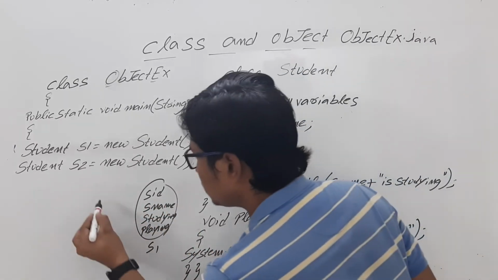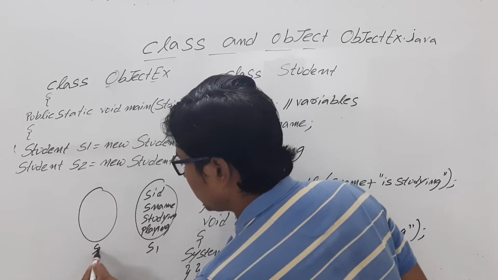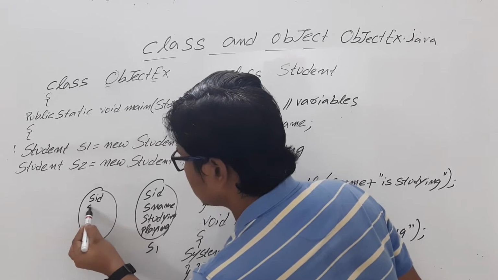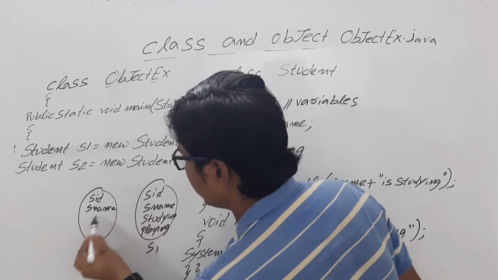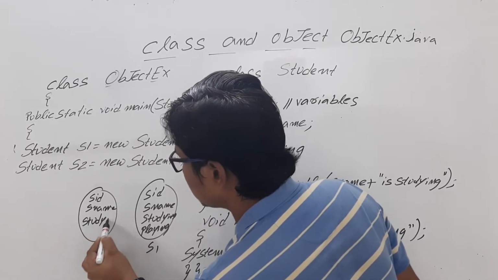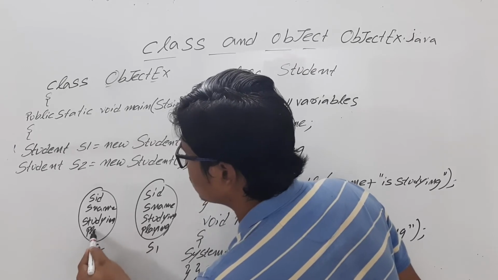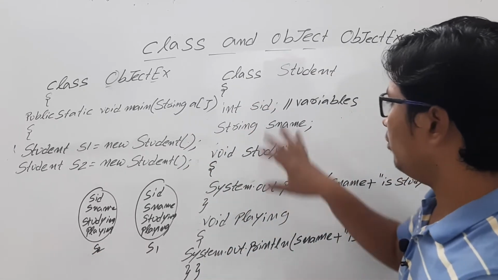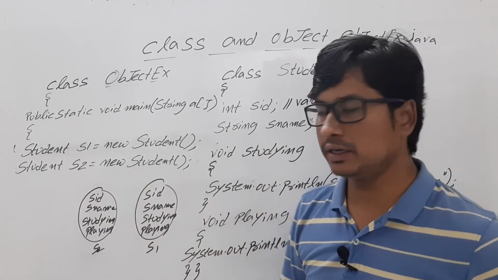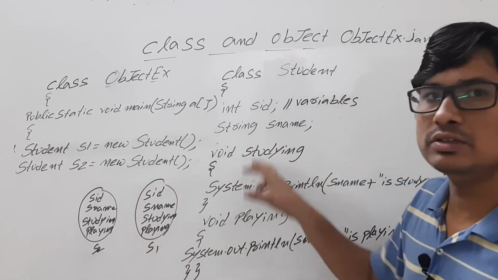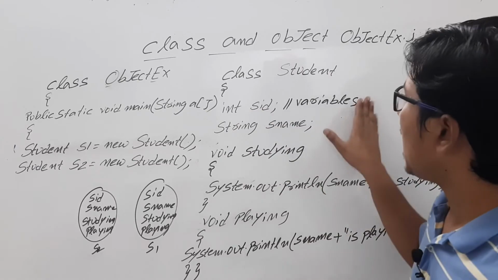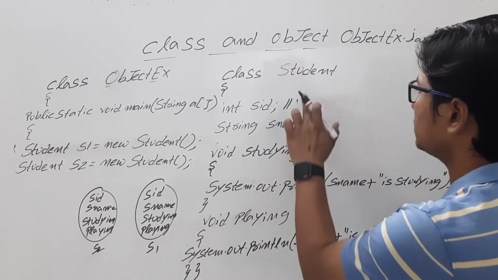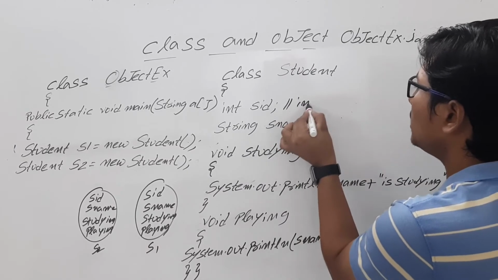Similarly, for s2 also a memory will be allocated and it also has the variables called sid and sname and methods called studying and playing. So every object of a class will have the variables and methods. That is why we call these variables and methods instance variables and instance methods, because they are related to an object.